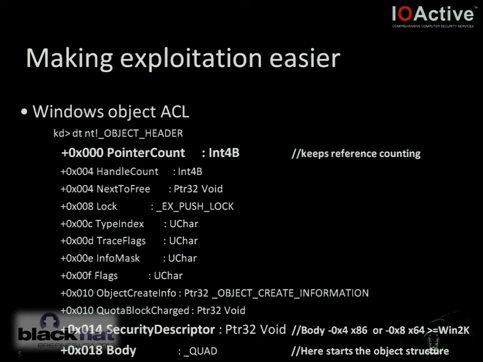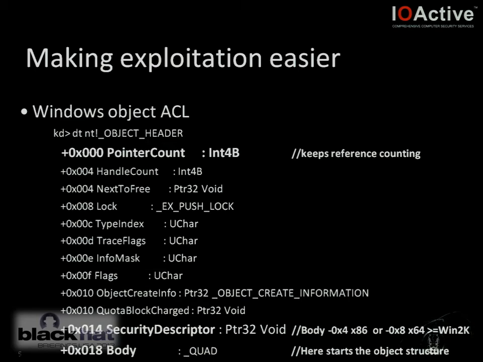And this is fixed across all Windows versions. Since Windows 2K, maybe since NT, you just have to subtract like 4 or 8, depending on the architecture, and you end up in this pointer. And I found out if you write null there, you just remove the ACL. And the object becomes ACL free.